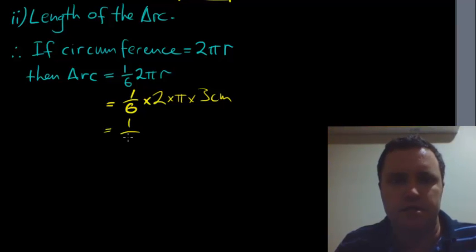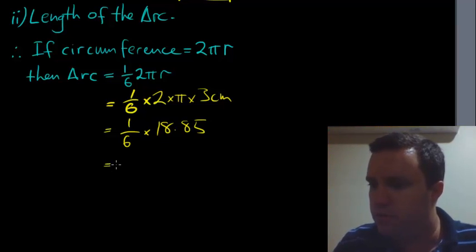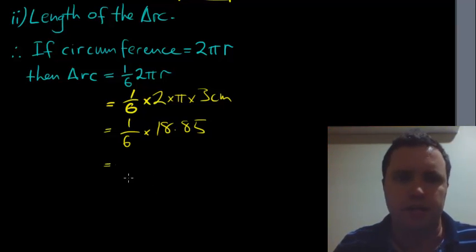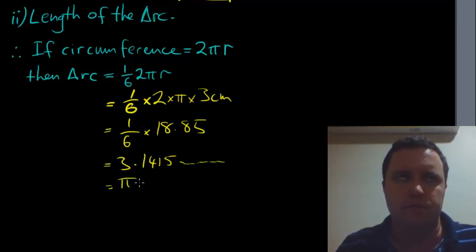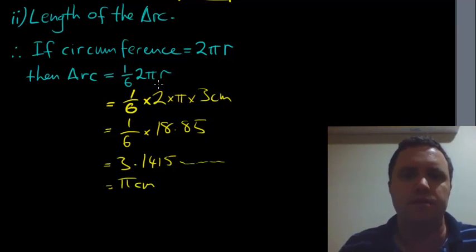And so it's going to be 1/6 of, what did we have before? 18.85, which is equal to 3.1415, blah, blah, blah, which you would have recognized as pi. That's kind of totally a mistake. Well, not a mistake, just accident. Pi centimeters, that arc is, but we'll see that working out in less coincidental ways later.